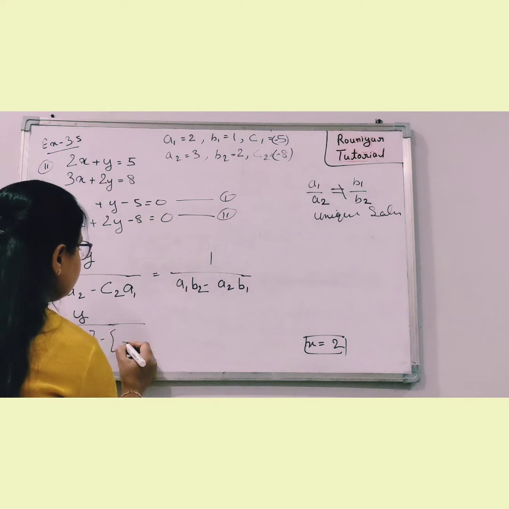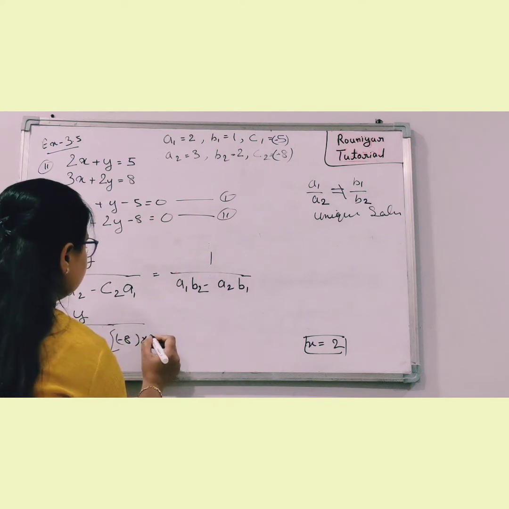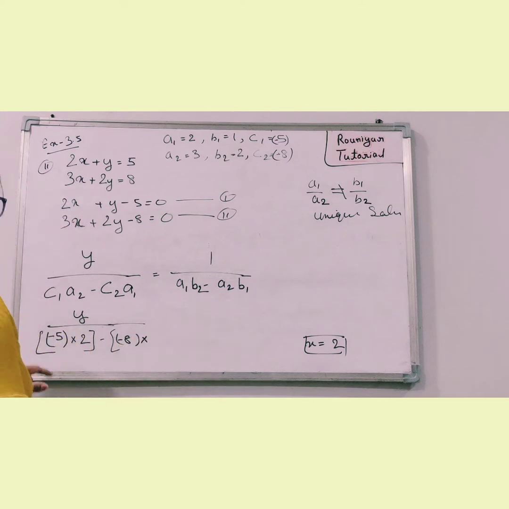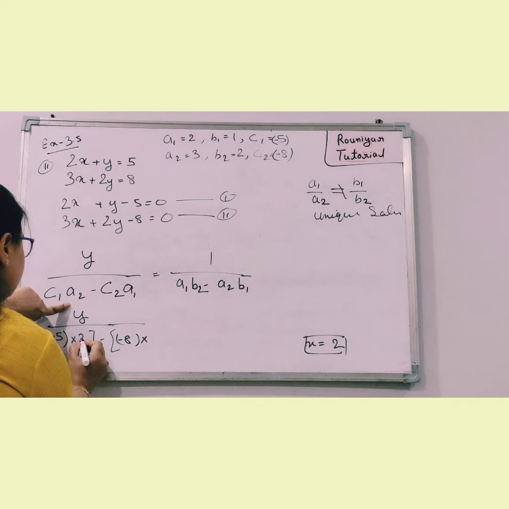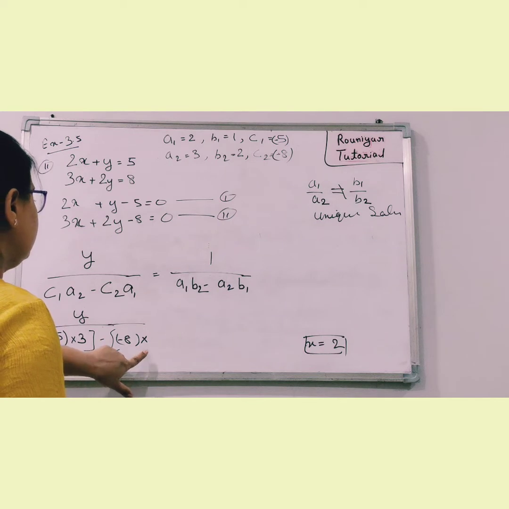C2 is minus 8 into A1. A2 is 3. C2 is minus 8 and A1 is 2.